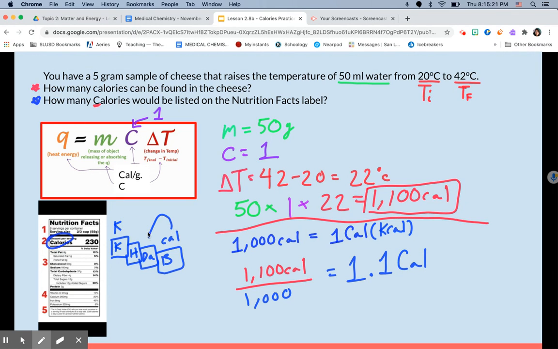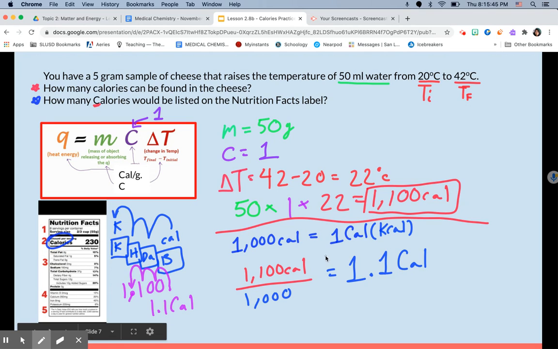So we're moving 1, 2, 3 spaces to the left, right? So if I go back and take this original number, and do the same thing, 1, 2, 3, I'll end up with 1.1 capital C calorie as well.